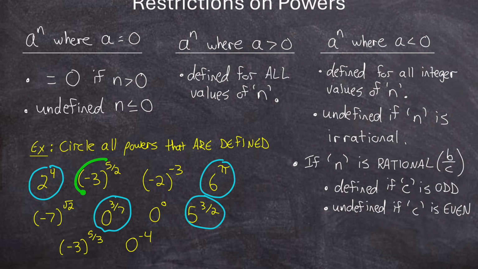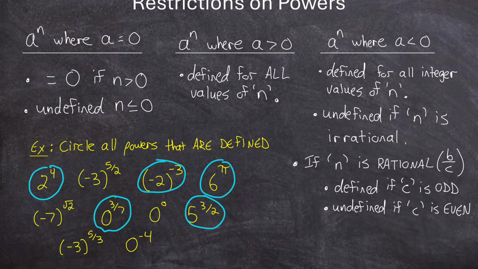And now let's look at the 4 powers where the bases are negative. Well, if the base is negative and the exponent is an integer, it'll be defined, which means negative 2 to the power of negative 3 is defined. But if the exponent is irrational, it'll be undefined, which means negative 7 to the power of root 2. Root 2 is an irrational number, so this power will be undefined.